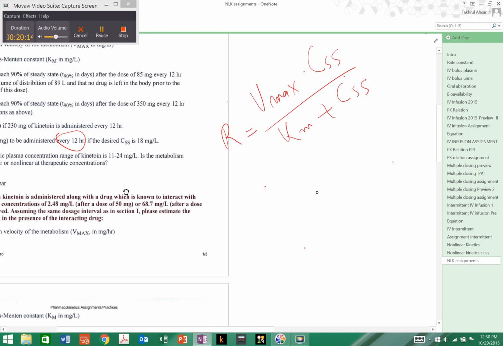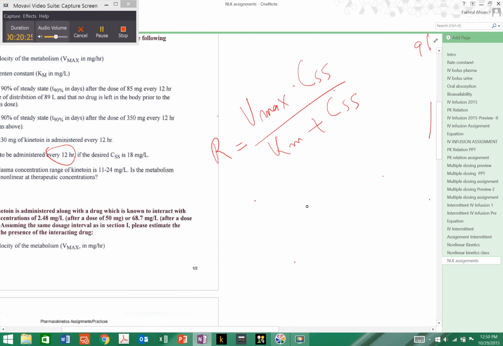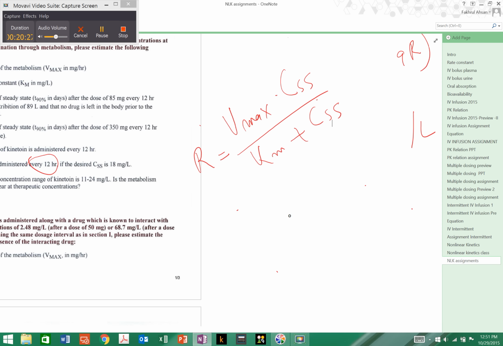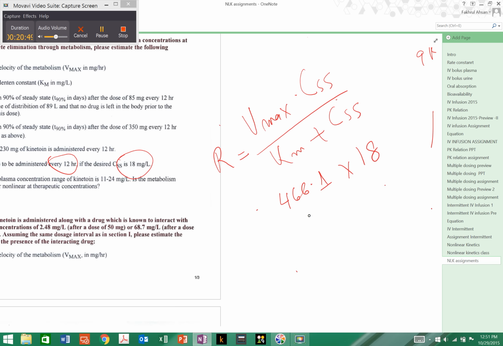If this is your equation, you know what Vmax is, and in this case everything is 12 hour, so we can use the Vmax for every 12 hour, which is 466.1 times CSS, which is 18. CSS is 18, and the drug is administered every 12 hours, so that's why we are using Vmax of every 12 hour.